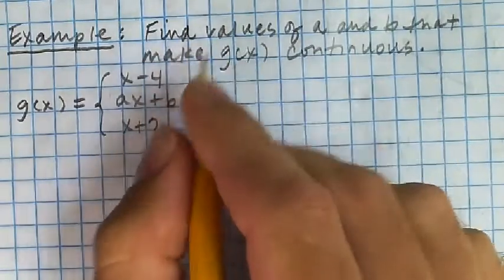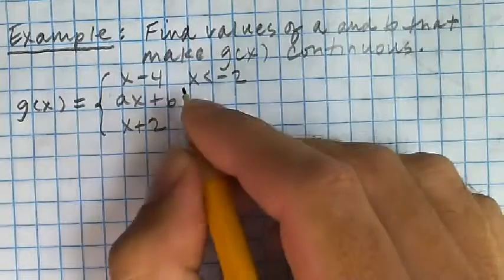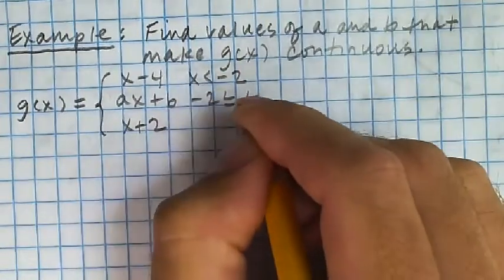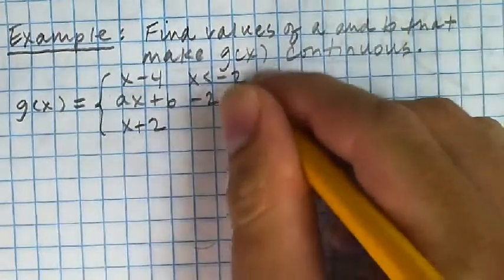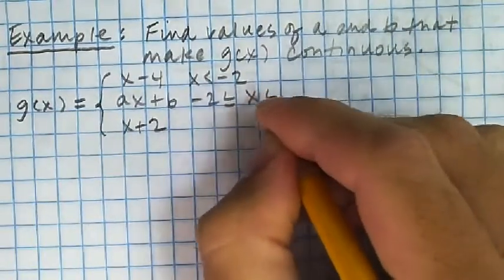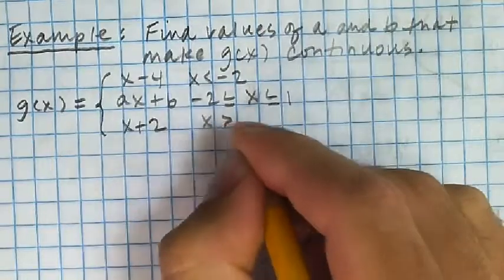And the domains of each of these pieces is x less than negative 2, x between negative 2 and 1, and this being x bigger than 1.